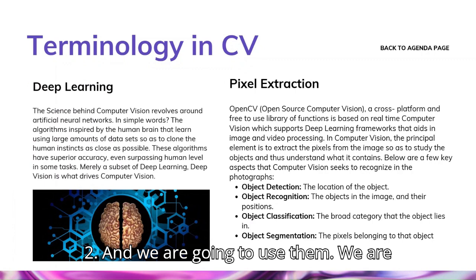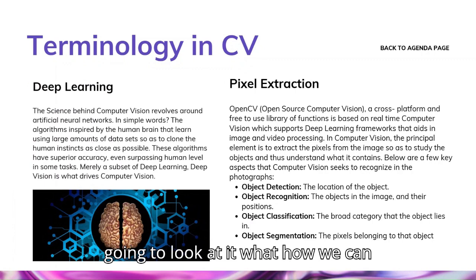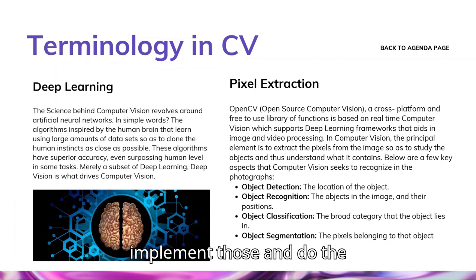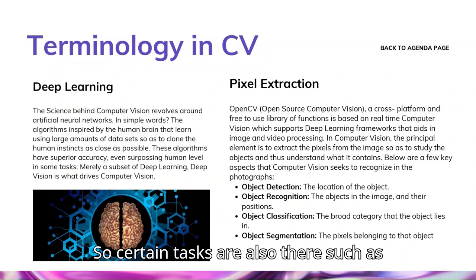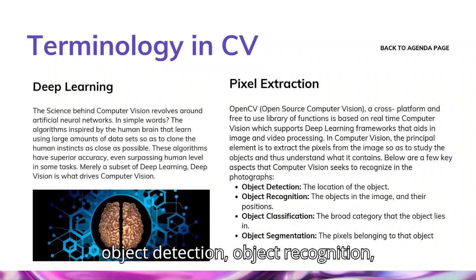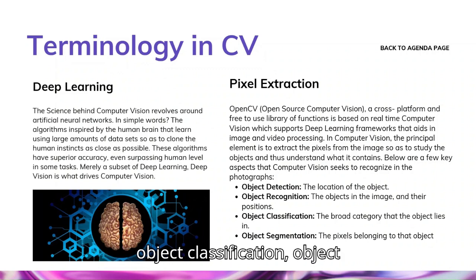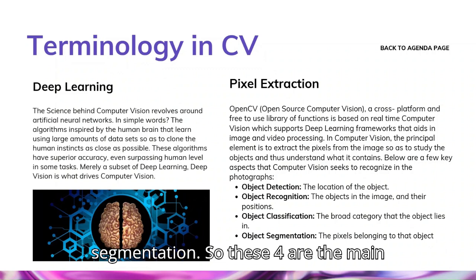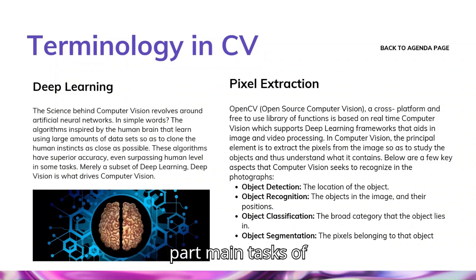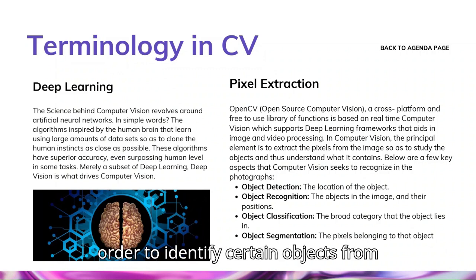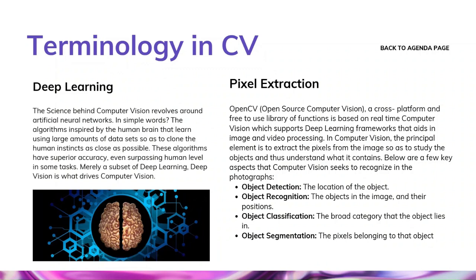We are going to look at how we can implement those and do the computer vision projects. Certain tasks are also there such as object detection, object recognition, object classification, object segmentation. These four are the main tasks of computer vision, in order to identify certain objects from the image.